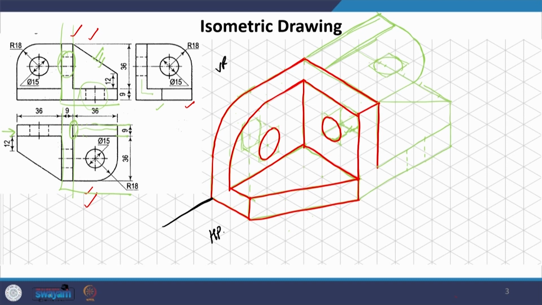These are all parallel lines, and now we can just join the way we did here. Sorry, 1, 2, 3 and 4.